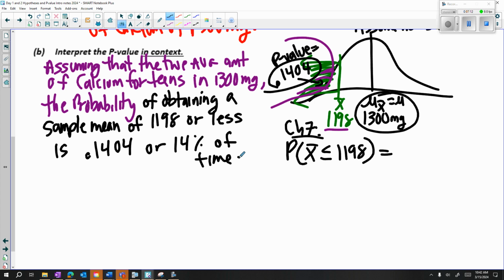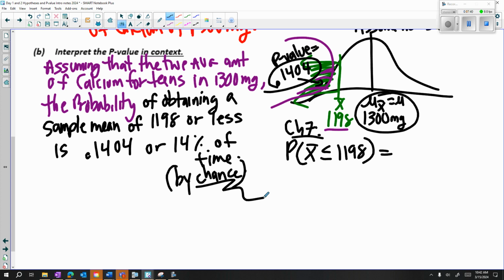Okay, so what does this even mean? It means how likely is it that this sample result occurred by chance? That's what you want to know: did your result from your sample of 20 happen by chance? Like, just by chance we got a sample of 20 teens that had an average of 1198. Or did it happen for a reason, which is that they are actually getting less than the recommended average?